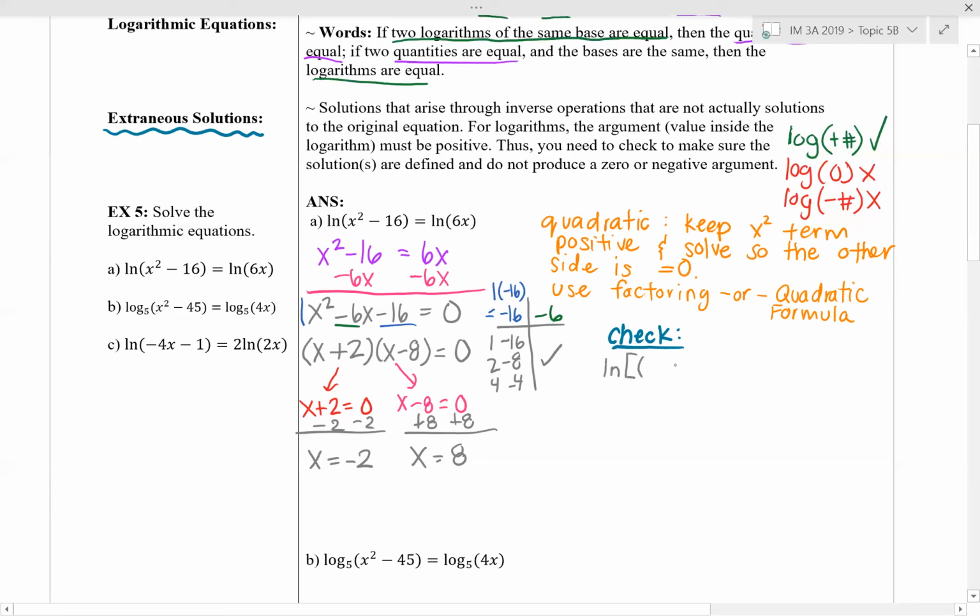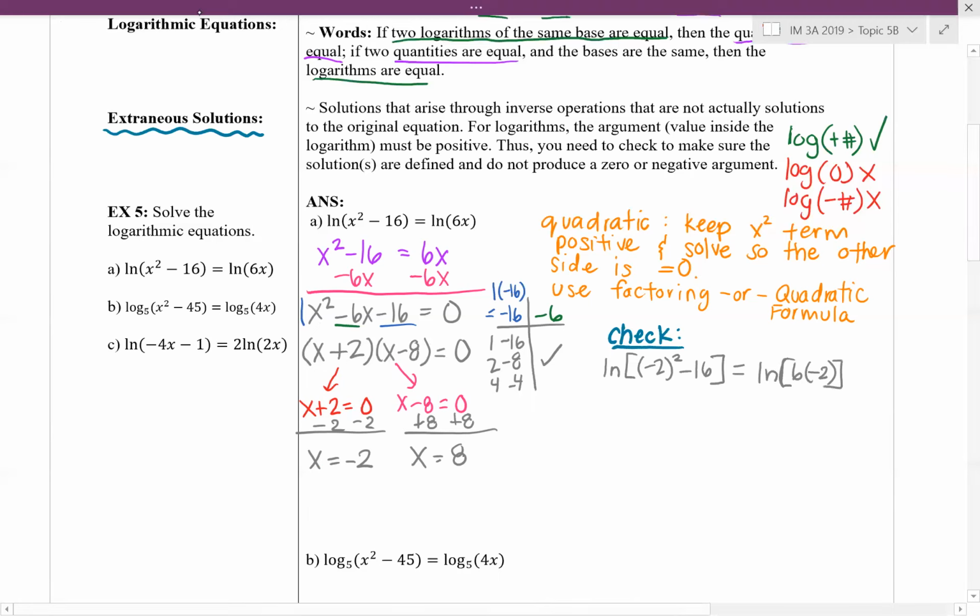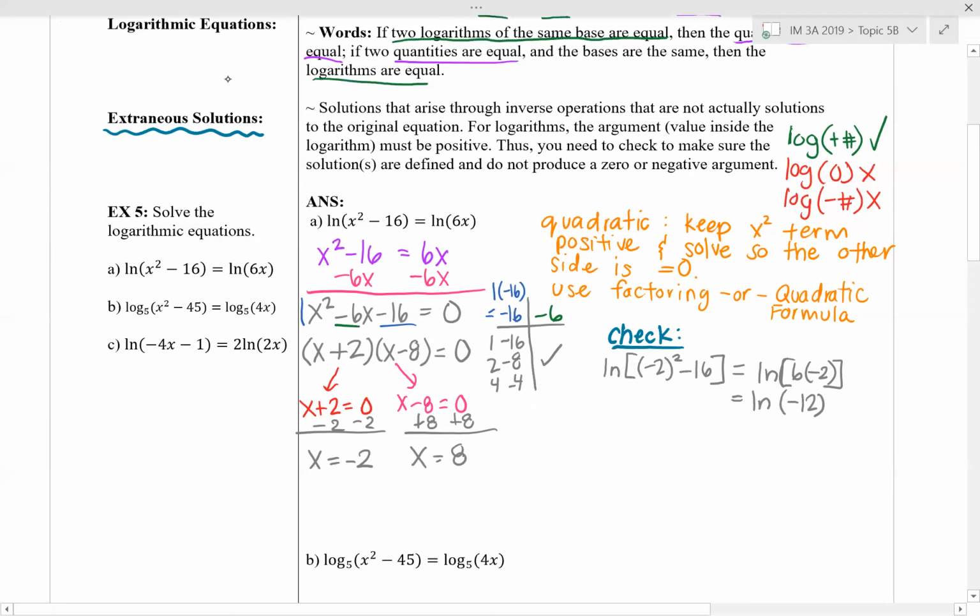I'm going to start with x = -2. Notice that 6 times -2 is -12, and I'm not allowed to have a negative inside a log, so that means -2 is an extraneous solution.